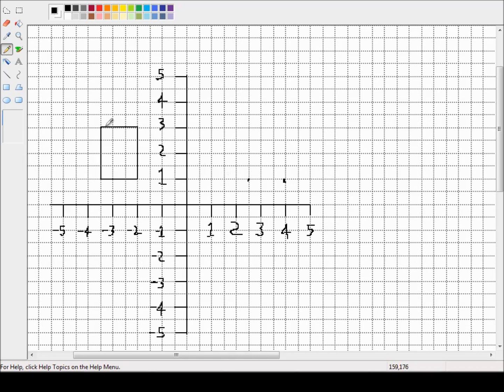And now the other two, the y location is 3 and the x locations haven't changed because it's a rectangle. So where we've got the 3, I'm going to put here and here. And so now I can draw my rectangle.